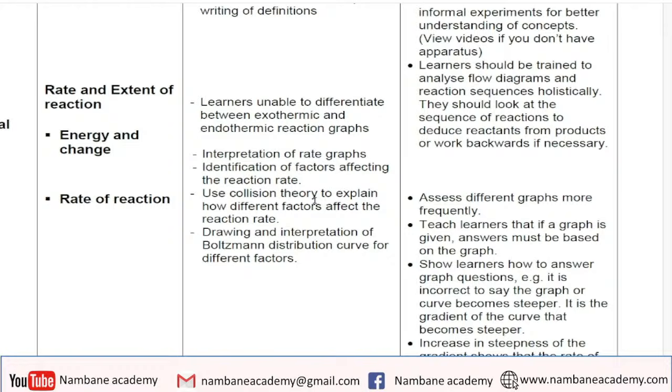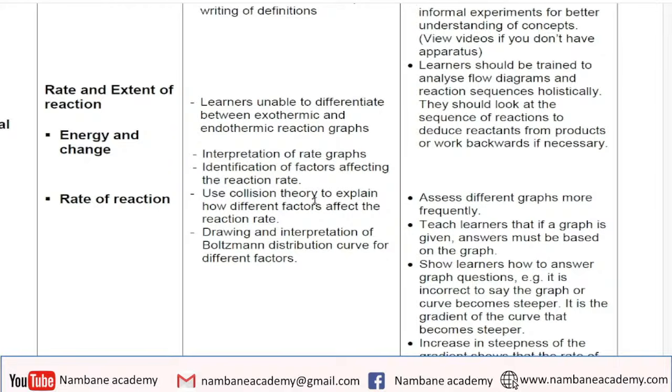Sometimes we have sodium thiosulfate, an experiment we use to determine the effect of concentration on the rate of reaction. For sodium thiosulfate, sulfur forms as a solid. You put it on the cross, and obviously the cross will fade away because of the formation of sulfur, which is a solid.